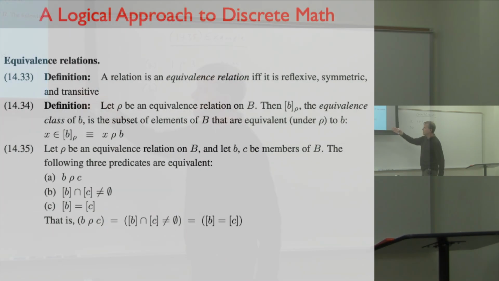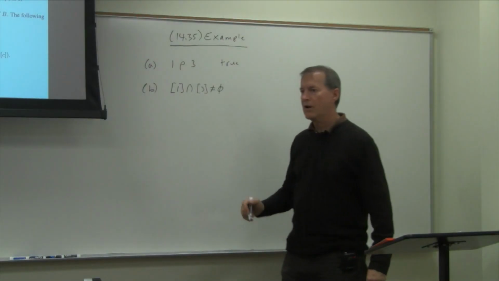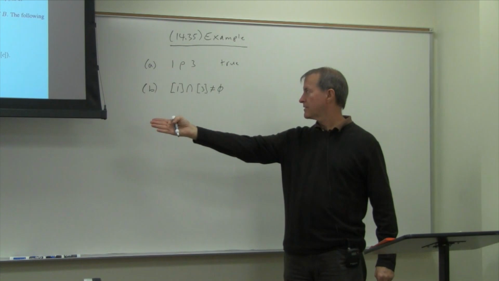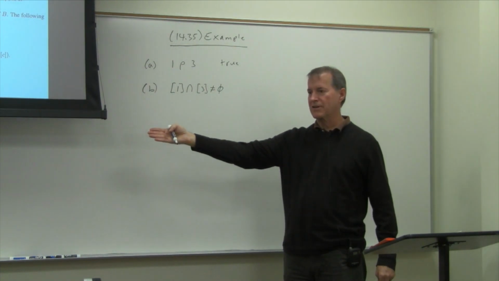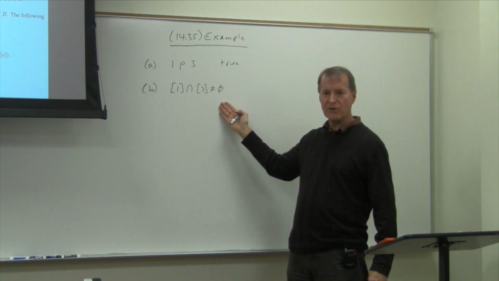What does B say? It says equivalence class of 1 intersection equivalence class of 3 is not equal to the empty set. Look at equivalence class 1 and equivalence class 3. The intersection is not equal to the empty set. Is that true or false? True.